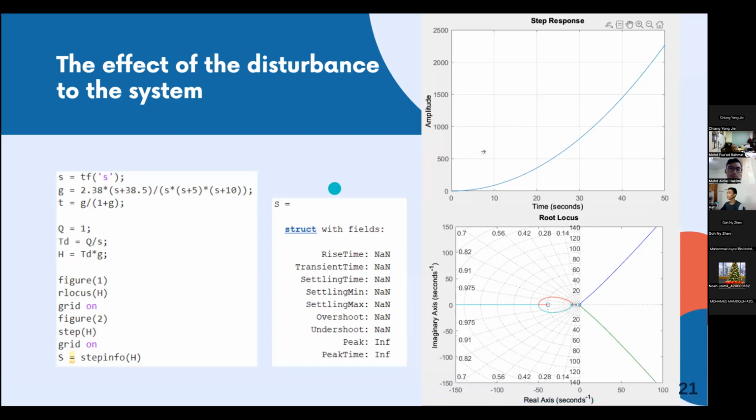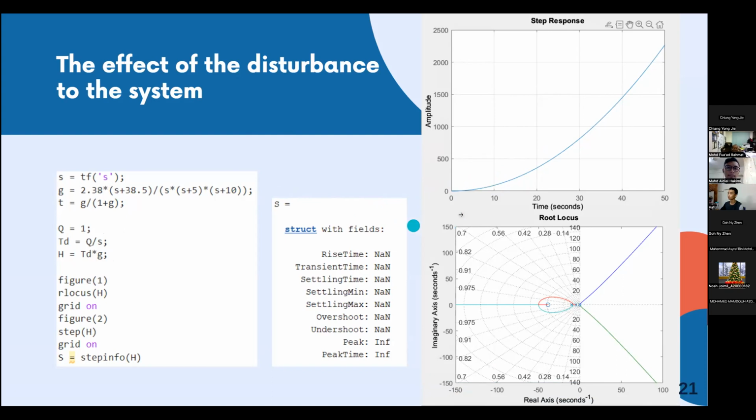And so the result of the disturbance is that the system becomes unstable, which is exponentially increasing. So we don't want this as the result.